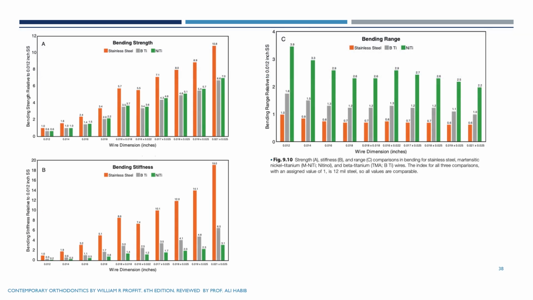The bar charts describe the bending strength, range, and stiffness of the three types of wire: the stainless steel, beta titanium, and the M-Niti. And you can see here the comparison of the three wires with different dimensions: strength, range, and stiffness.